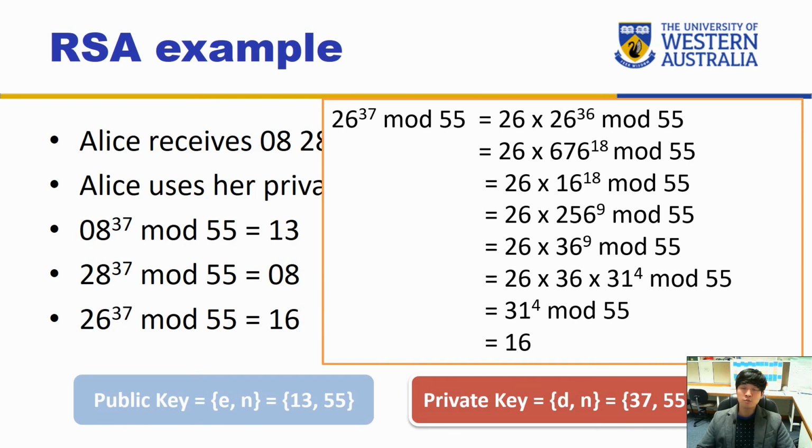But these numbers should be small enough for you to work with. So it eventually reduces to this. And if you expand this and calculate it, it becomes 16, which is what we have here. So that was one, and that's the same one. So by following these steps, you should be able to do both encryption and decryption using small numbers.